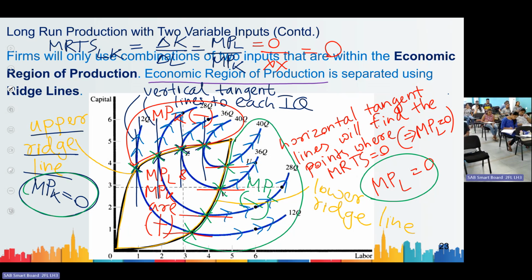You don't have to understand why MPK is negative here, MPL is negative here, and MPL and MPK are positive here. Just understand in these regions, MPL and MPK values will take these kinds of values. How it happens, you don't have to understand. I can explain, but it will take another 20 to 30 minutes.